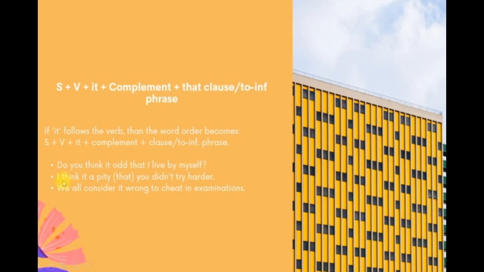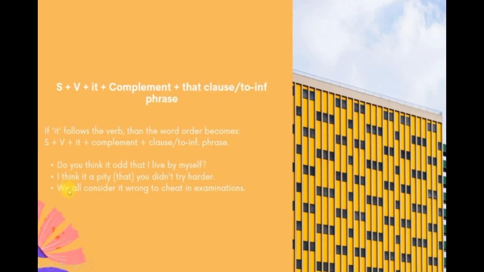Second sentence, I think it a pity that you didn't try harder. Okay, we find it here, and then it follows think as the verb, and then the that clause here, that followed by subject and then verb, didn't try.